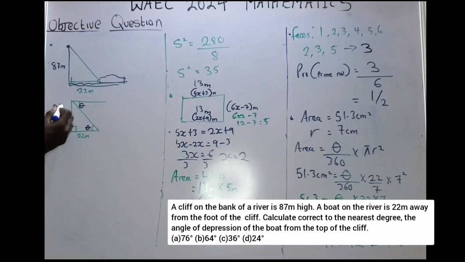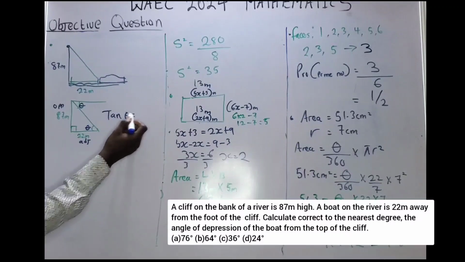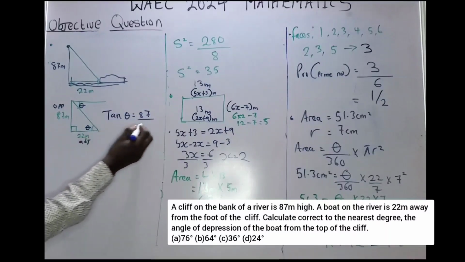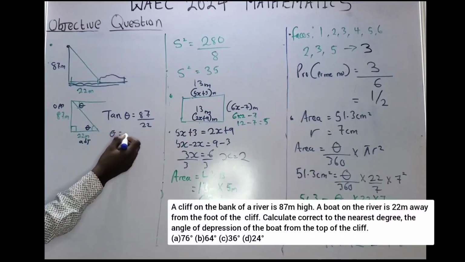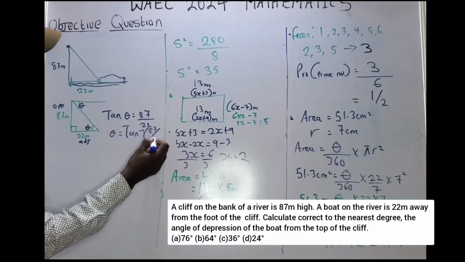This is opposite and this is adjacent. What combination combines opposite and adjacent together? The combination is tan theta. So tan theta is equal to opposite, which is 87, over adjacent, which is 22. So theta is equal to the tan inverse of 87 over 22.